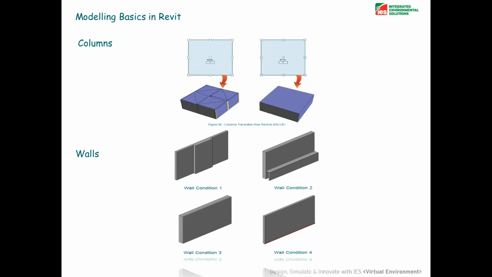Now there's some basic modelling options that you can be aware of when you're creating your actual Revit geometry that can help you out a lot in actual export. The main one is columns, and I'll talk a bit more about that when I come further down.